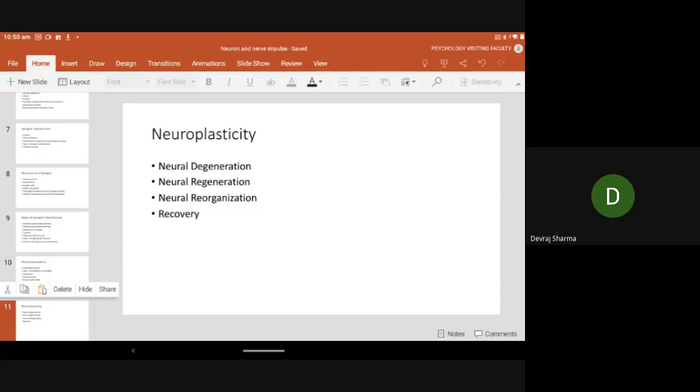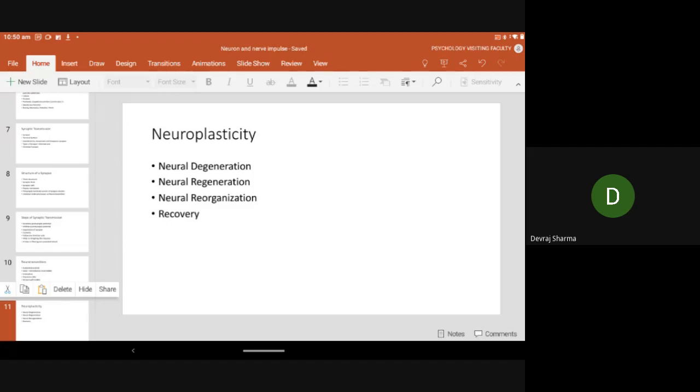When the axon of the neuron is cut, it causes two kinds of degeneration or deterioration. What are they? When the axon breaks from the point of cut towards the terminal button, it is known as anterograde degeneration. These are very important for your short questions. And what is anterograde degeneration? The distal end of the axon degenerates.